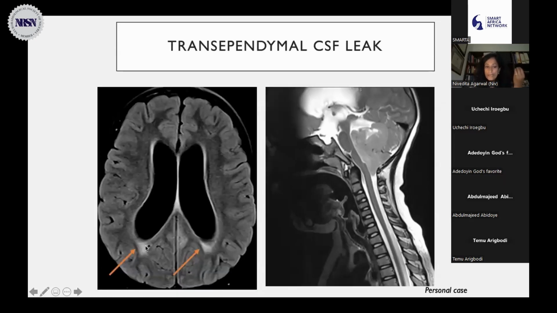You will see CSF leak around the ependymal wall of the ventricles. If they cannot drain, there is obstructive hydrocephalus. If they cannot drain properly, then some of this will leak out through the ependyma as well. And we know that even in normal subjects, there is a pathway for CSF to actually connect with the ISF, interstitial fluid, in the parenchyma. Okay, so this is leak plus stagnation of CSF.